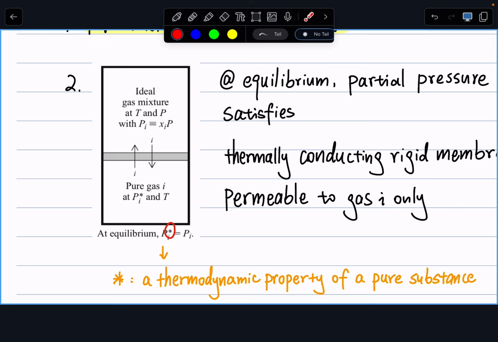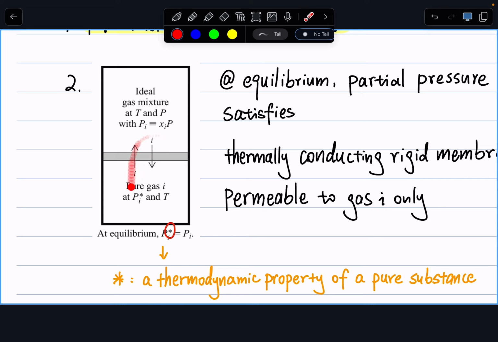So this star means that the chemical potential of a pure substance equals mu naught of the pure substance as a function of T plus RT ln P over P naught. The star means that's a pure substance. This is something we just derived for a pure substance.